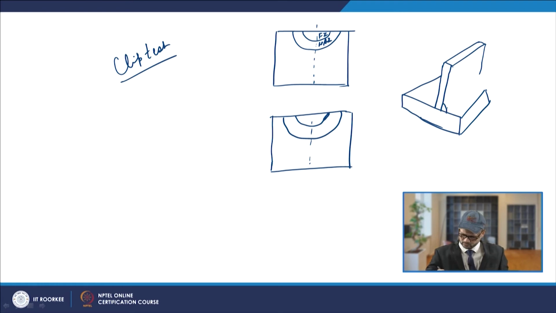This is the weld bead which is welded here. This is your clip or lug. This dimension is taken as about 13 mm, and this area is about 52 or 75 mm square.